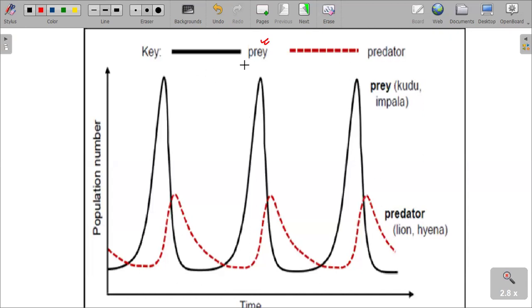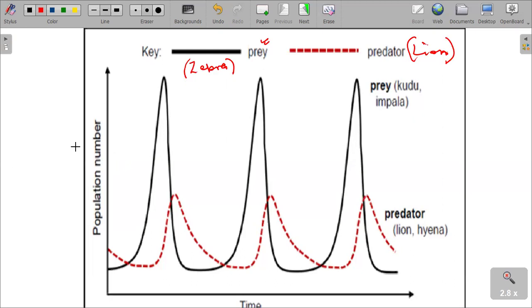In this case, we have given the example that the bold line represents the zebra, and the broken red line represents the lion. We can say lions or zebras. This is the key.